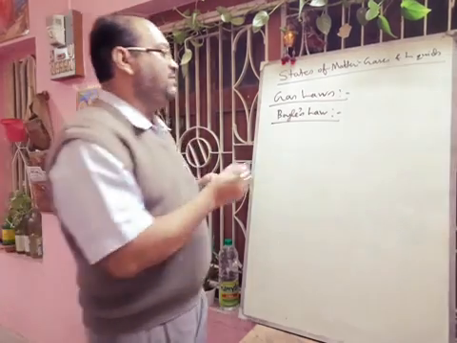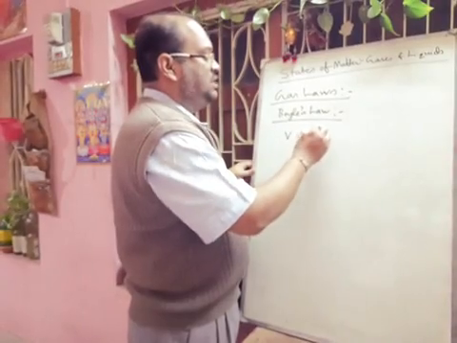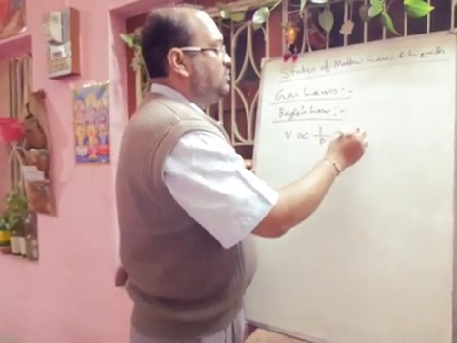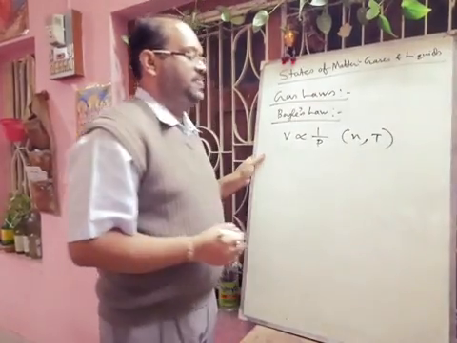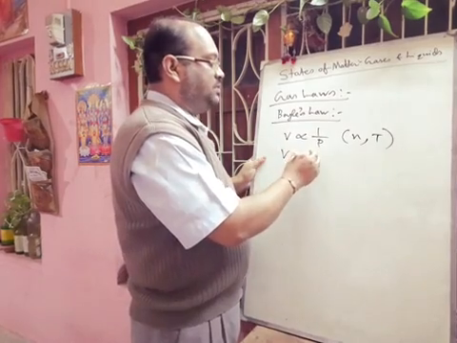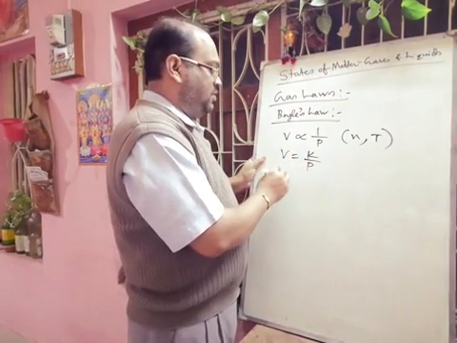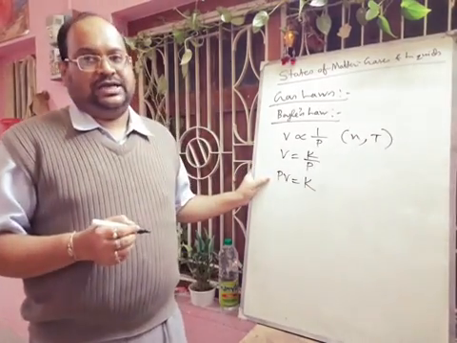So the mathematical representation is V is proportional to 1 by P, where the number of moles or mass of gas is fixed and temperature is also fixed. So we can write V is equal to some proportionality constant by P. So PV is equal to K, that is, PV is equal to constant.